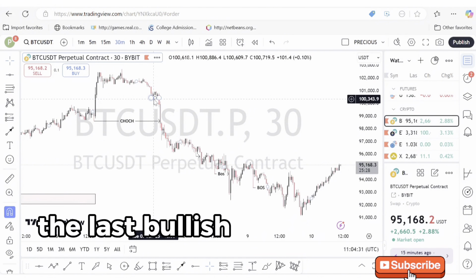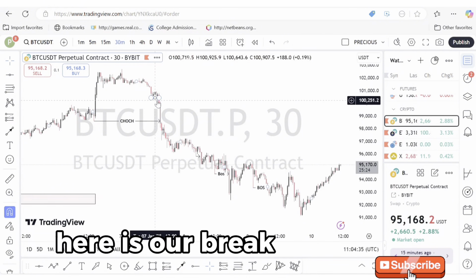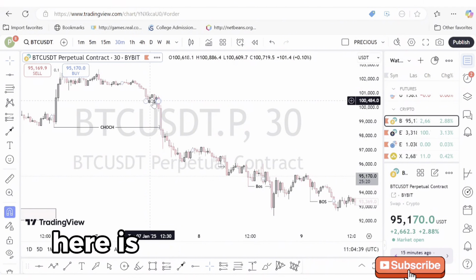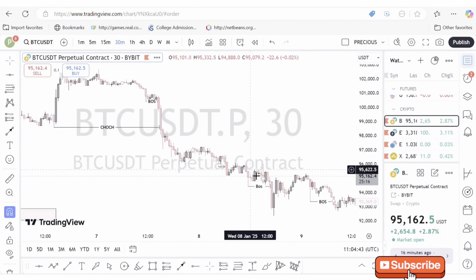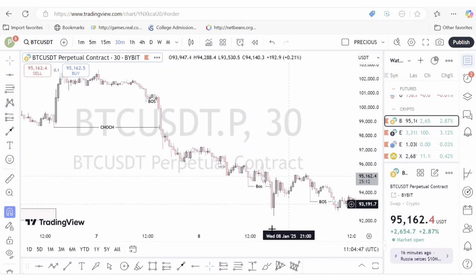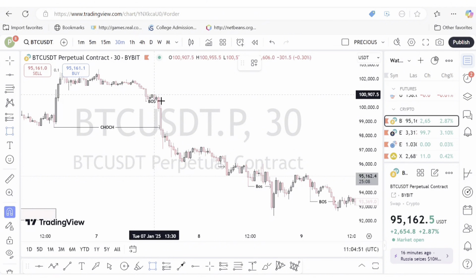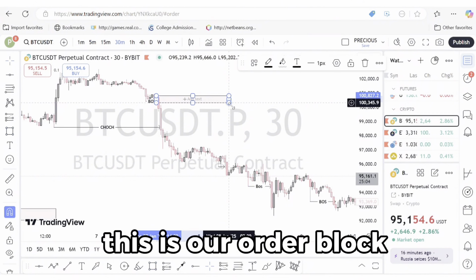The last after our break of structure. So here is our break of structure. This is the last bullish candle. Here is our break of structure. This is the last bullish candle. Okay. We need to be marking it out. This is our order block.